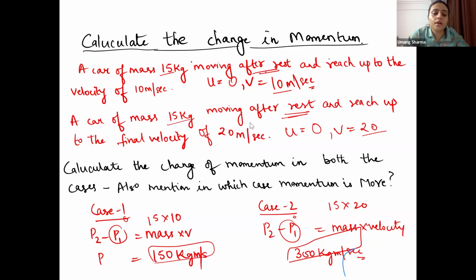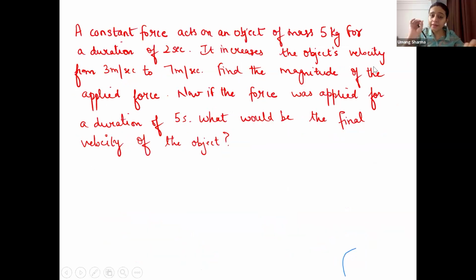No. All right. Now this one. Please read it very carefully. What is the question saying? You need to write all the data which has been given in the question and then start solving the question by writing the formula itself. Now I will not say anything, just read the question and calculate.